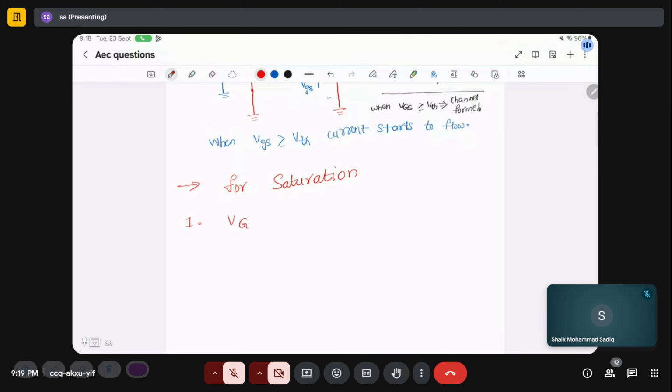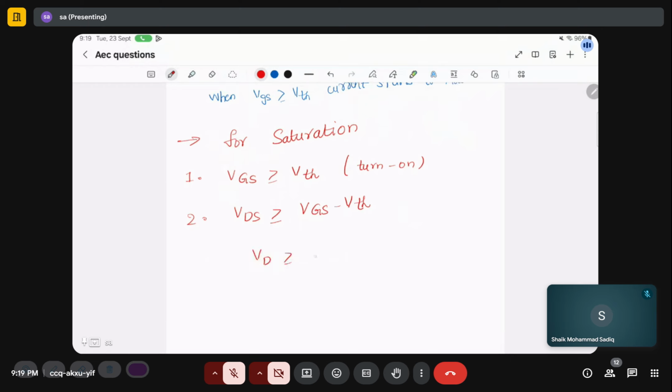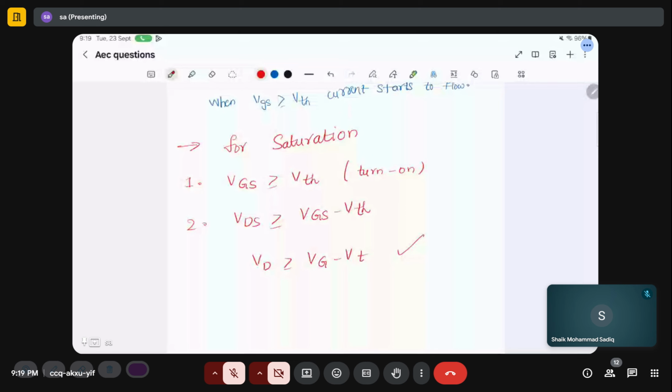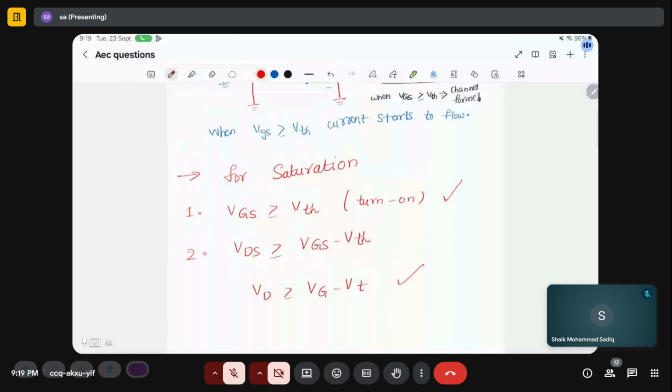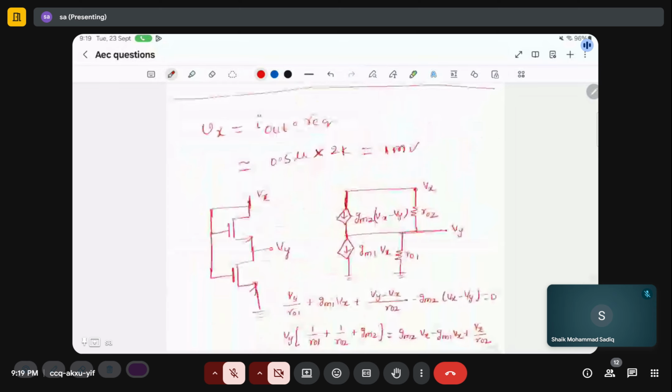One condition is VGS should be greater than VTH. This is the first, the turn-on condition. And then the second condition is VDS should be greater than or equal to VGS minus VTH, or VD should be greater than or equal to VG minus VT. This condition follows automatically because drain and gate are connected. This condition should also be satisfied. The same thing I have written above.